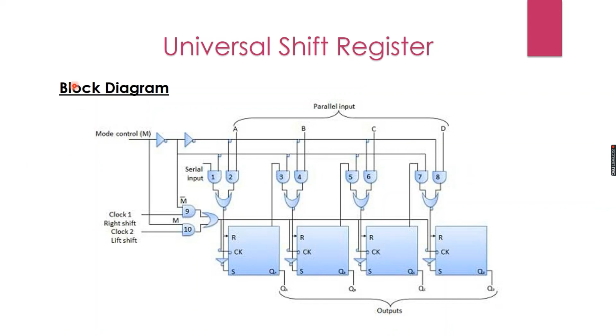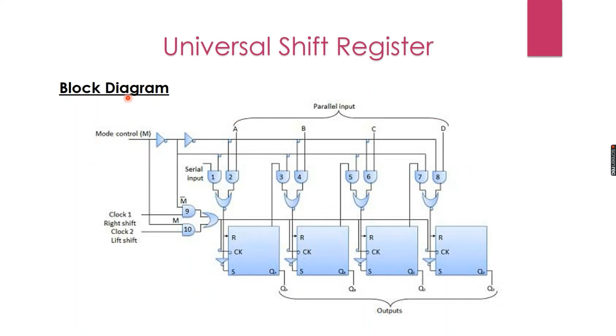Let me show the block diagram and the mode control here. When this value is 1, we will get parallel inputs as inputs, and when this mode control point value is 0, we have input in serial format.